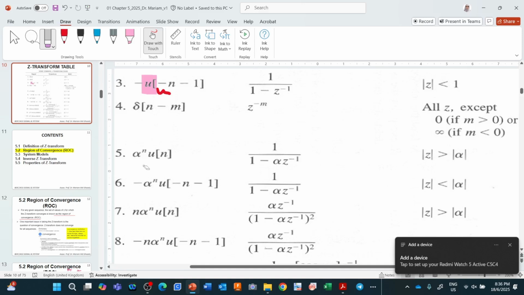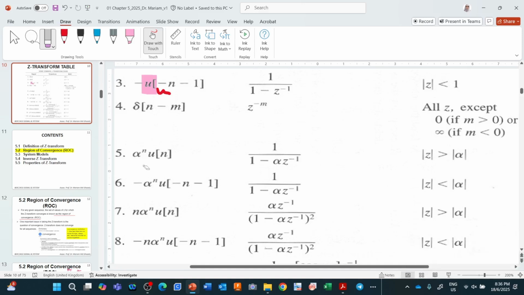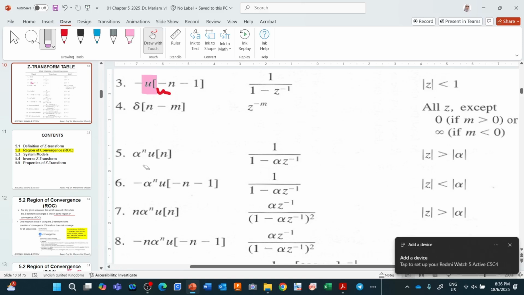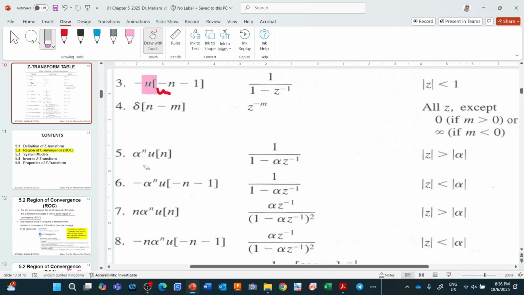So the alpha value will be inside this equation: the Z transform is 1 over 1 minus alpha inverse Z. If alpha is, for example, 1 over 2, you write this equation as 1 over 1 minus 1 over 2 inverse Z, where Z follows this, so |Z| is more than 1 over 2. So 1 over 2 is inside this region of convergence.